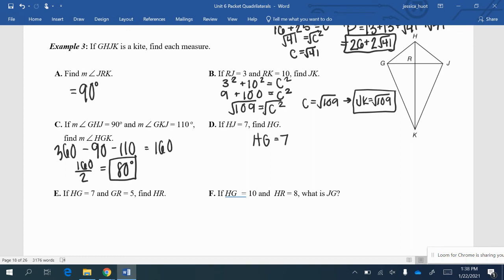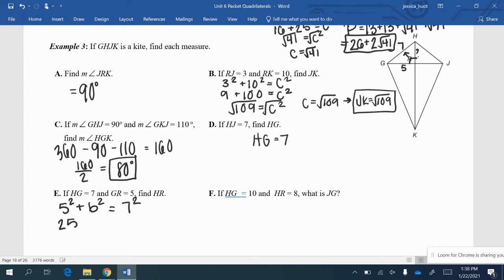All right, if HG is 7 and G to R is 5, find HR. So right triangle here, C is 7, so Pythagorean theorem. So 5 squared plus, let's say, B squared equals 7 squared.